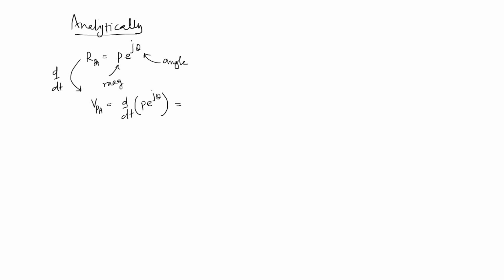And obviously this is going to be equal to P j e raised to power j theta, and then d by dt of theta itself, which we know is equal to the angular velocity that we have drawn already.